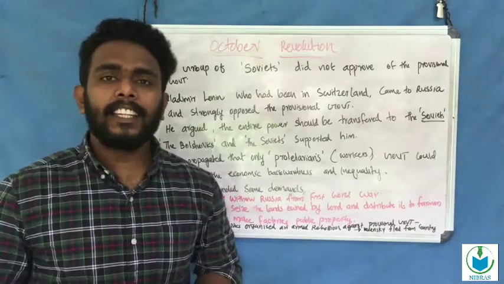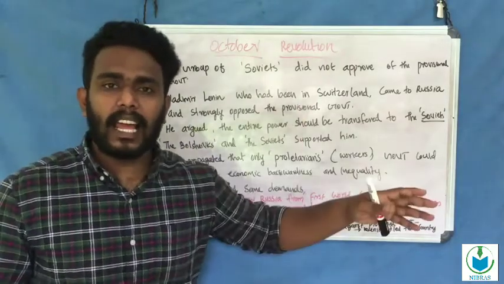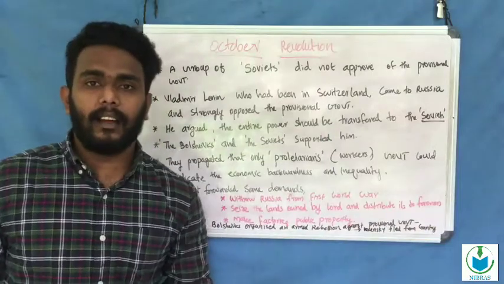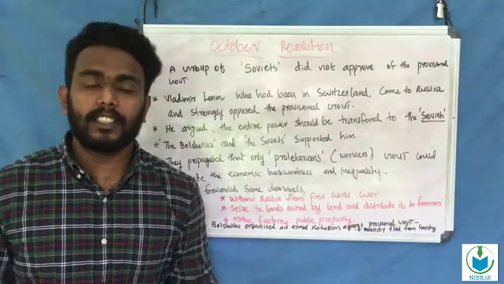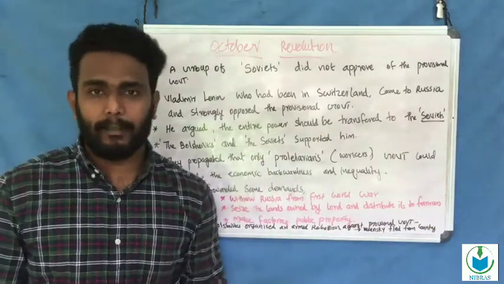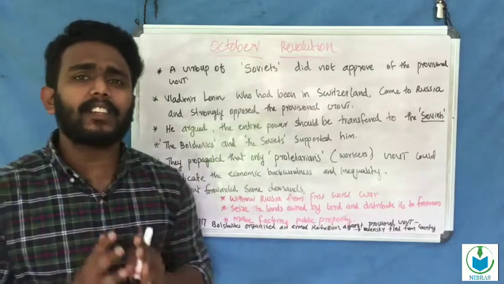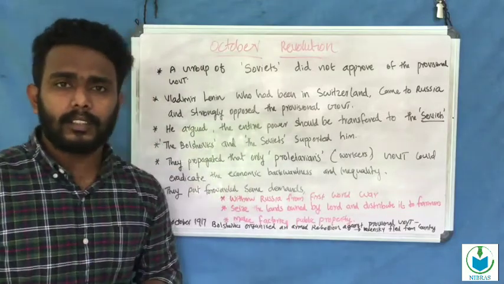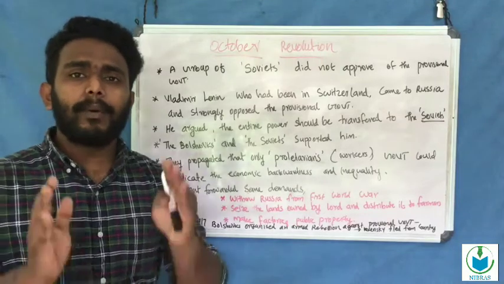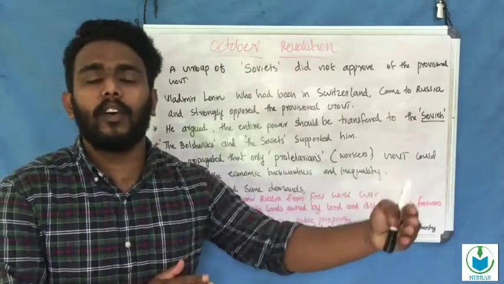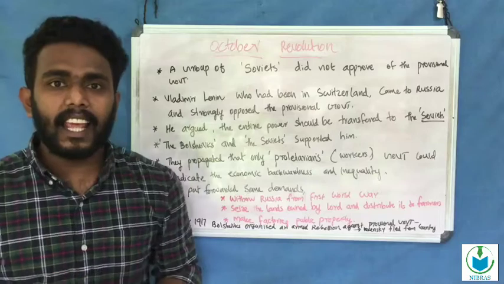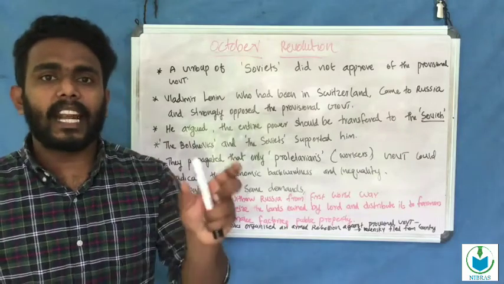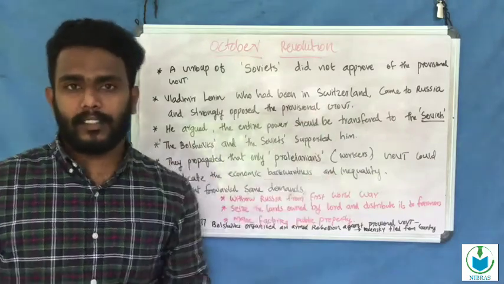And Lenin, who had been in Switzerland, came to Russia and strongly opposed the provisional government. He strongly argued that the entire power should be transferred to the Soviets.